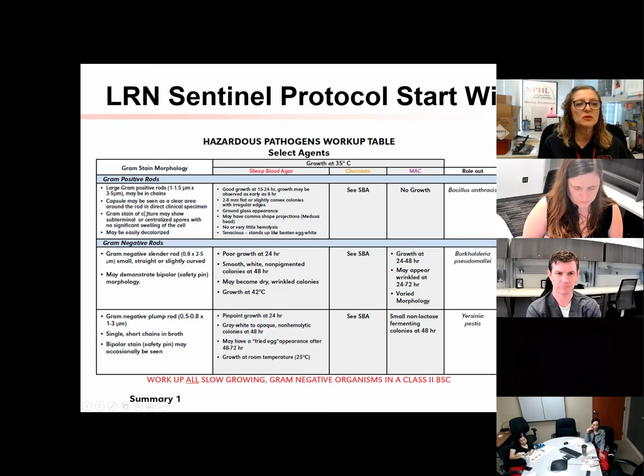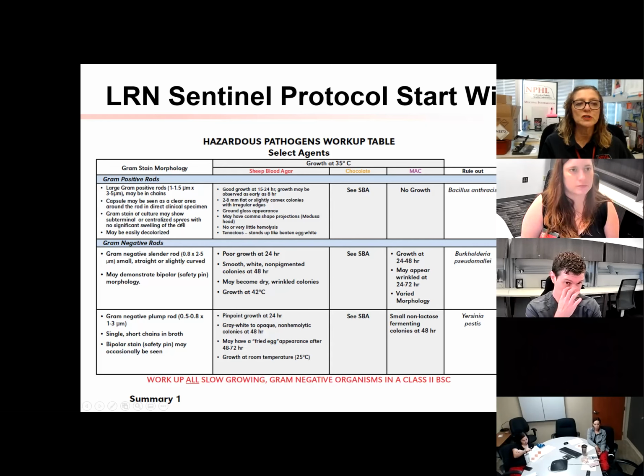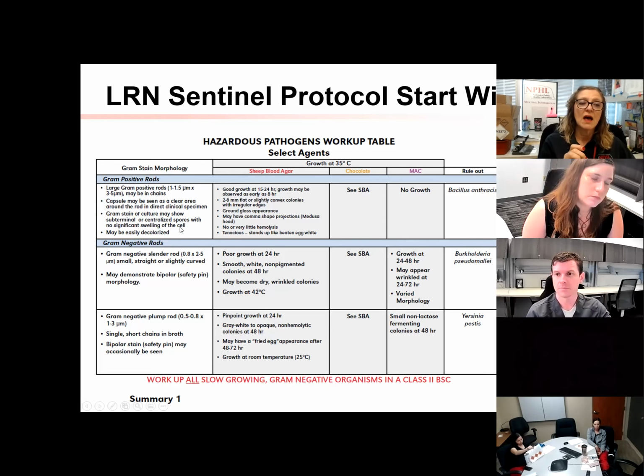I'll show you examples. Or you see some subterminal or centralized spores that don't have significant swelling to the cell. A lot of bacilluses have weird shapes to them. And if they look like lollipops where the very end of the cell is grown large, then you can easily rule out Bacillus anthracis.